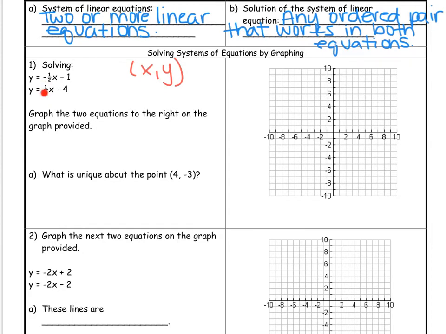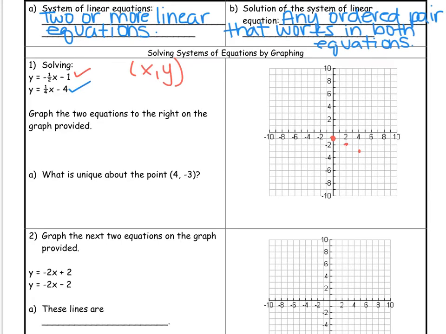So the first thing we're going to do is graph these using the y-intercept and the slope, and I'm going to graph them in two different colors. I will graph this one in red, and I will graph 1/4 x minus 4 in blue. Keep in mind we start with the y-intercept, and for our first equation that's at -1, and our slope is -1/2, so it's down 1 and over 2.